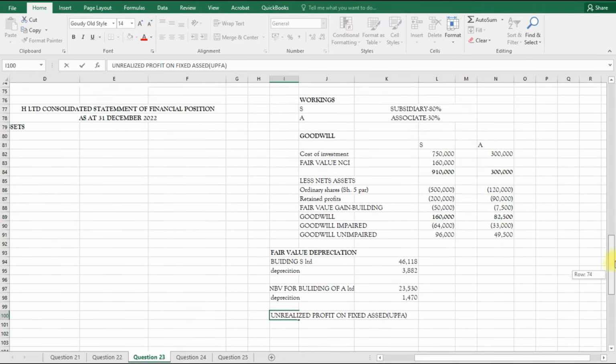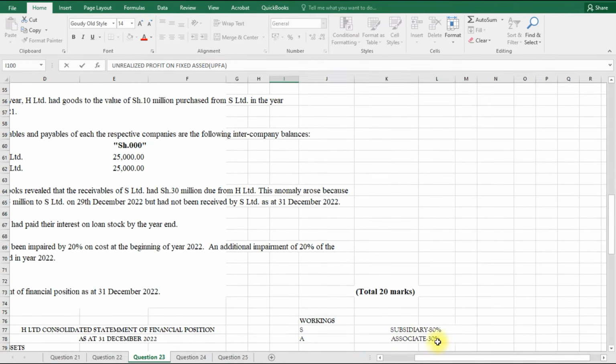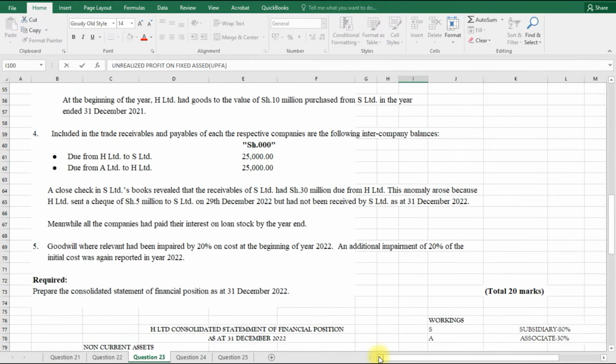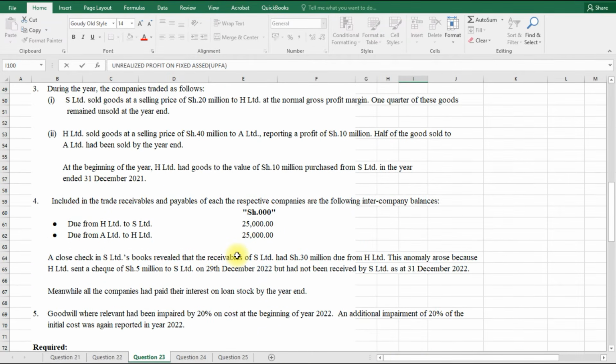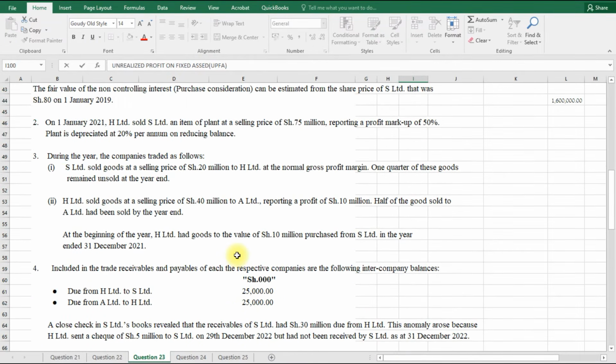So we are told that we sold an asset that was in note number 2. On 1st January 2021, H Limited sold S Limited an item of plant. This was a downstream transaction. H is the one selling to S an item of plant at a selling price of 75 million, reporting a profit markup of 50%.